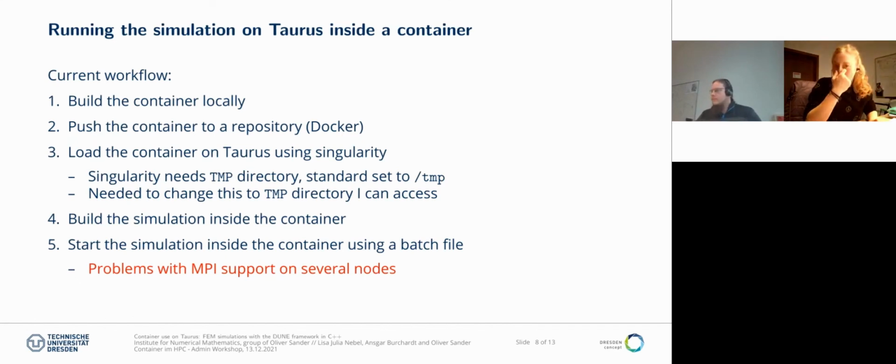This would be useful to add to the documentation. But of course, you're not supposed to do stuff on the login nodes. Yeah, that's true. Everything, all the problems that we have encountered so far, if somebody else encounters them, then they can already read the answer and don't have to look for it themselves.